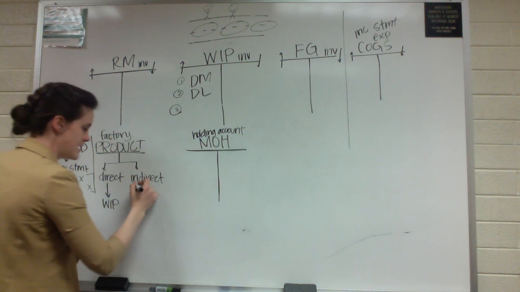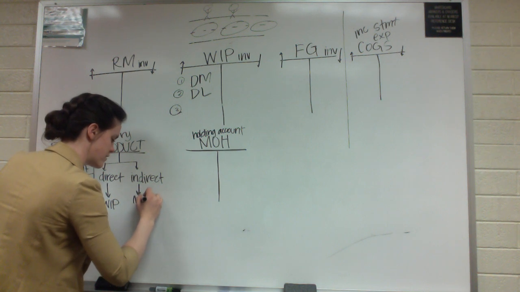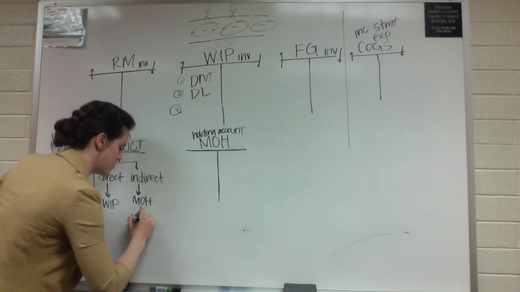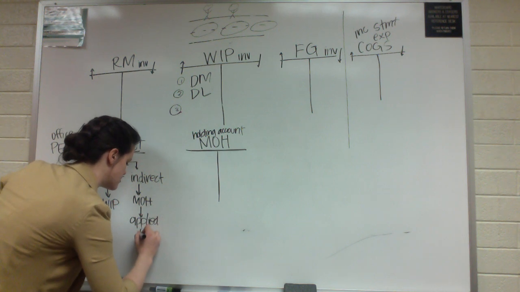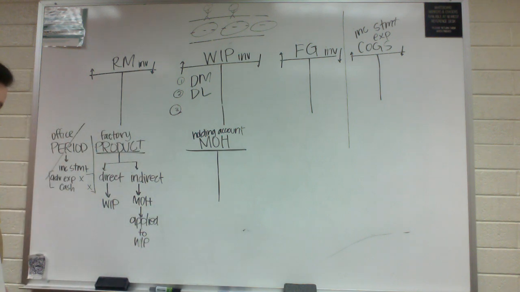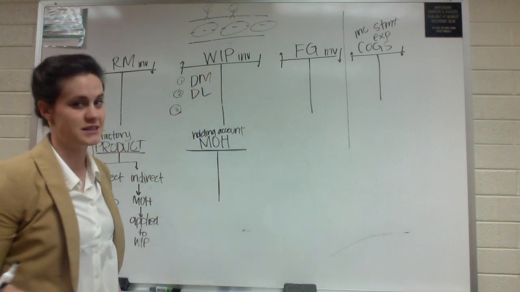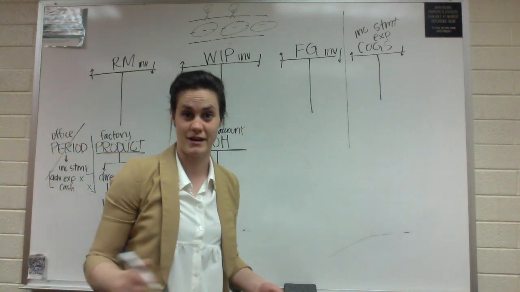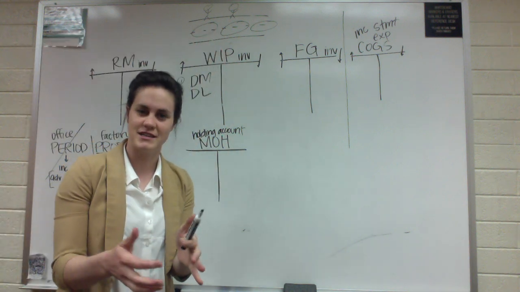Now, indirect costs first go into manufacturing overhead, and then they get applied to WIP. Essentially, we have other costs besides direct materials and direct labor. There are other people in the factory that aren't actually building and touching the product.